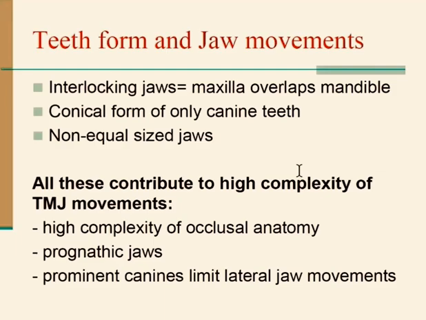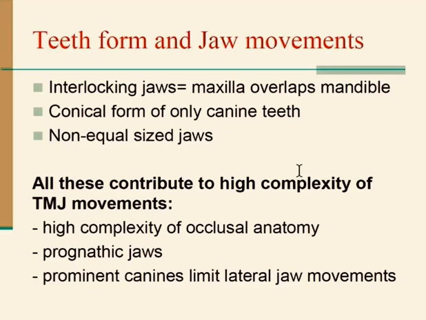Now, moving secondly to the form and jaw function, what you need to know is that we have an interlocking type of jaw. Interlocking means that the maxilla overlaps the mandible.